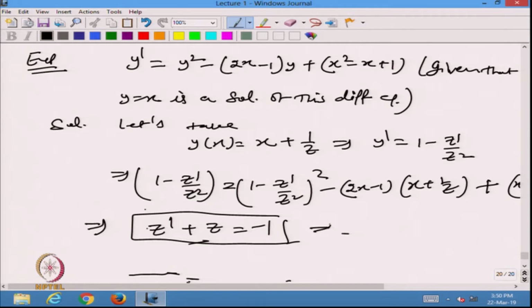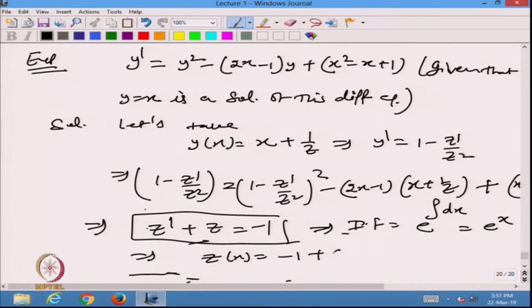From here my integrating factor will be e raised to the integral of dx, that is e^x. So, z, which is a function of x, becomes −1 + c e^(−x). That is the solution of this equation.